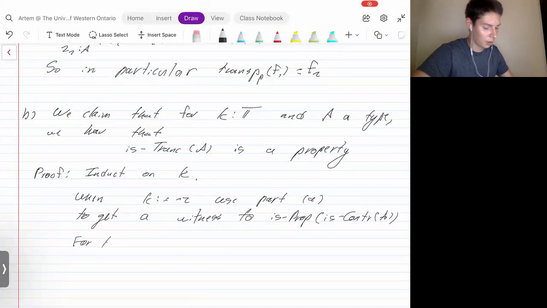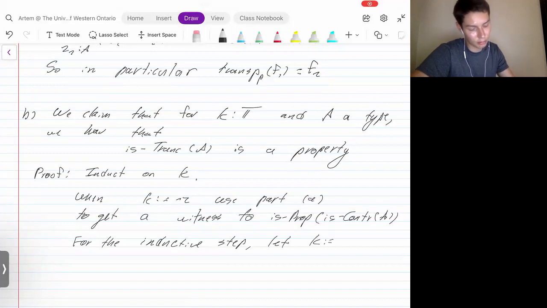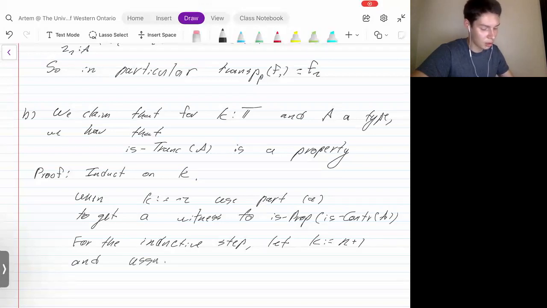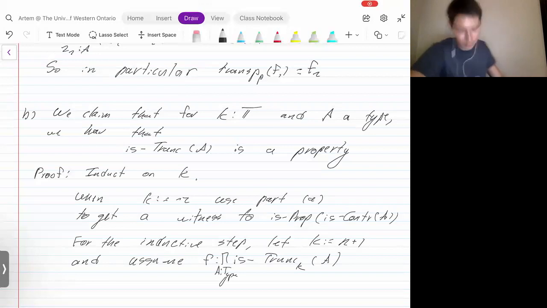So for the inductive step, let K be some n+1 and assume we have some f of is truncated, the kth level of A, for all A in some type universe.